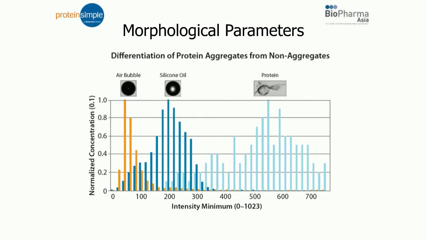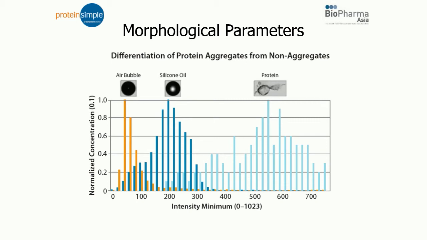The morphological parameters that MFI provides can offer some good insight into what types of particles are inside of your drug product. So this is a very simplistic view of how we use morphological parameters to differentiate different particle species.